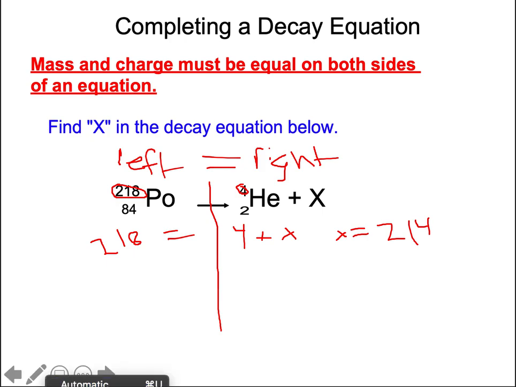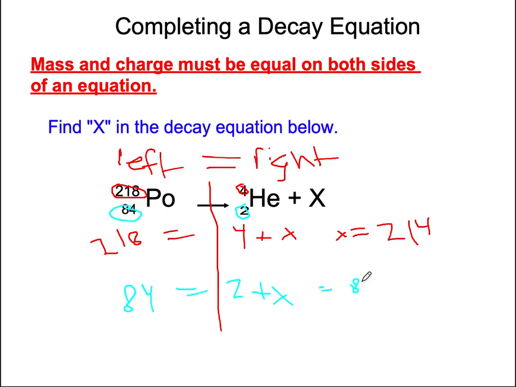Yes, I can change the color. So the bottom number, 84, right? Same thing. We need that to be equal to the sum of our bottom numbers. In this case, it'll be 82. So if we were to fill in X, X is 82 and 214.